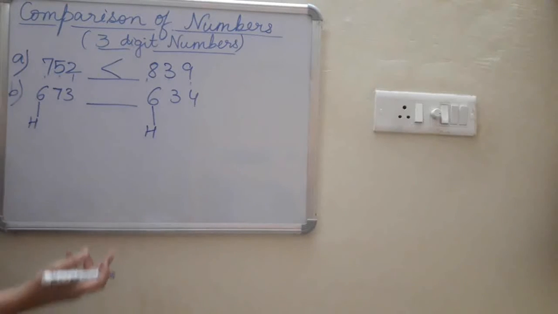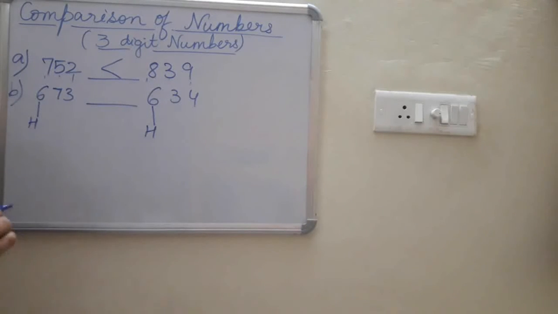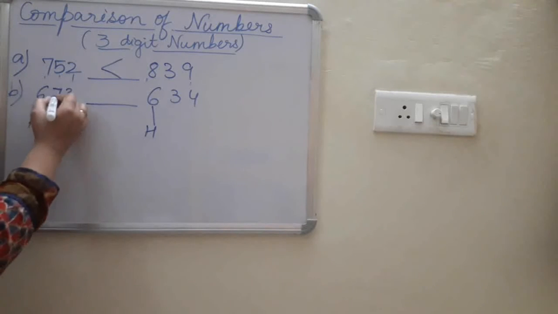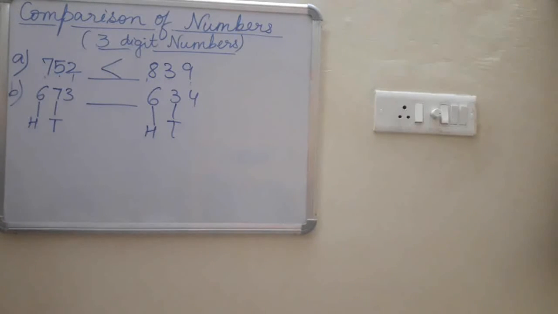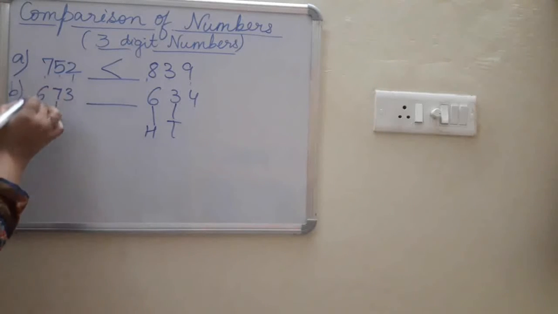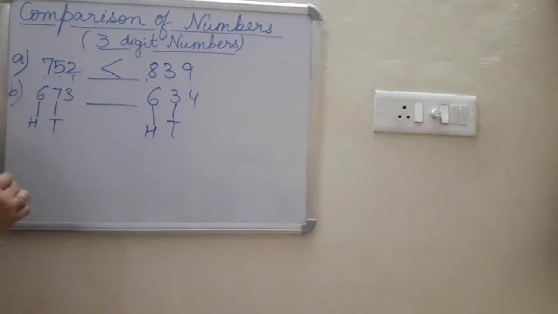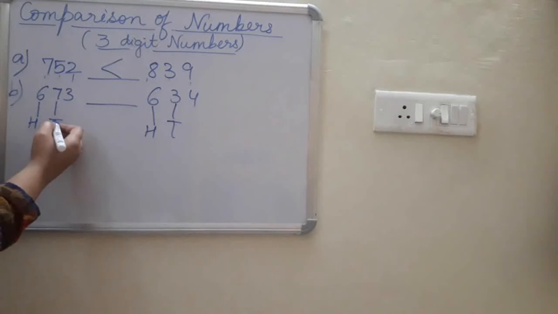So in such case, when the digit at hundreds place is same, then what do we do? The next thing we do is compare the digit at tens place. So always remember, children, whenever the digit at hundreds place is same, our next step is to look at the digit which is at tens place.